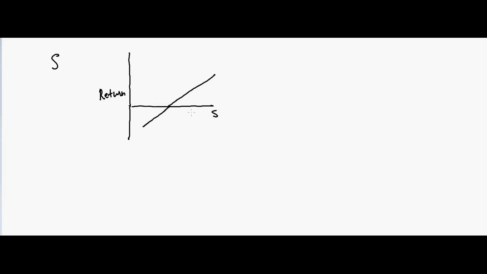Instead of buying the stock, the other option is to buy a call. If you buy a call, your return looks something like this, but you do not have any loss, because this is an option for you. Only if stock prices increase do you get a return. So this is your call option.